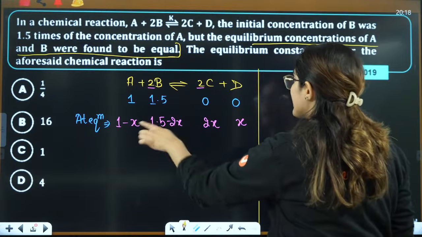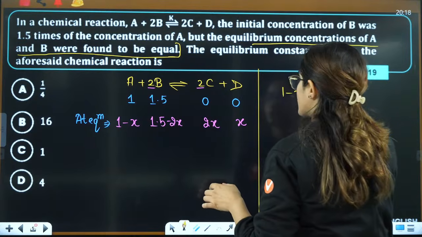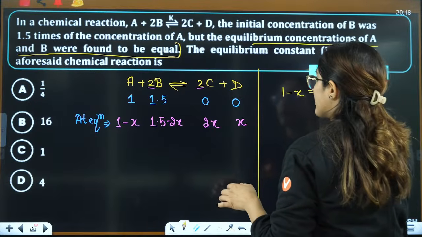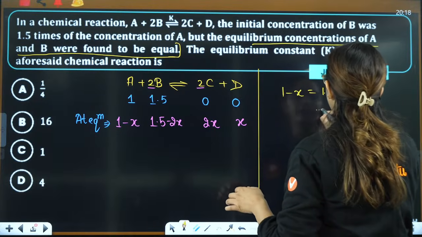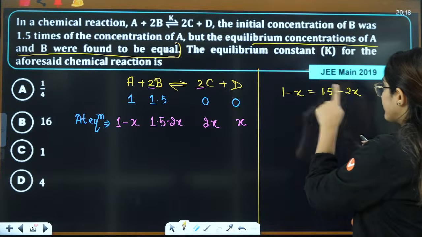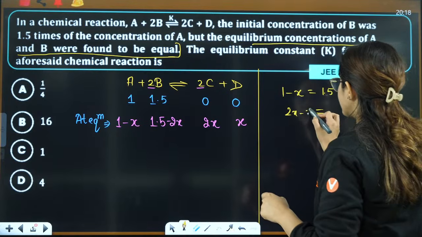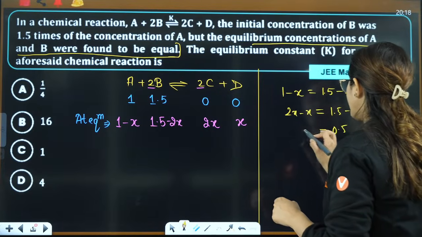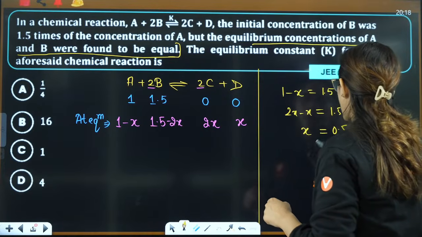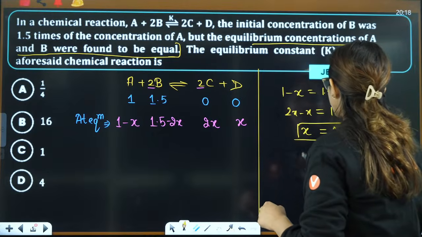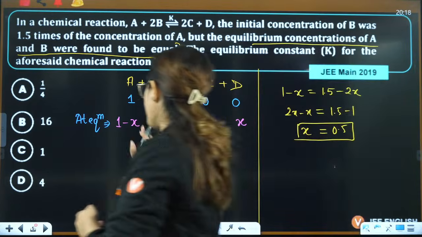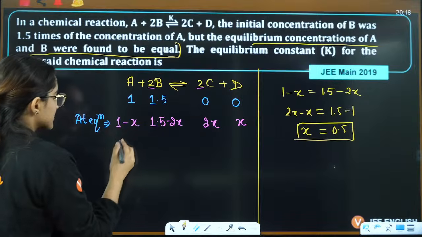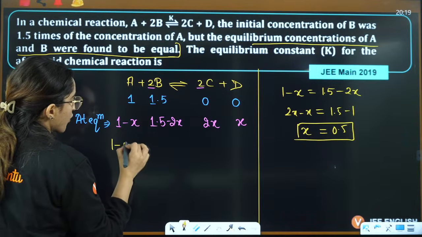Now see this thing. If I say 1 minus x is equal to 1.5 minus 2x, then it will become, if I take x here, 2x minus x, this will be 1.5 minus 1, which is 0.5, and this is x. So x is equal to 0.5, that is, x is equal to half. Now you put the value of x here. This is 1 minus 0.5.